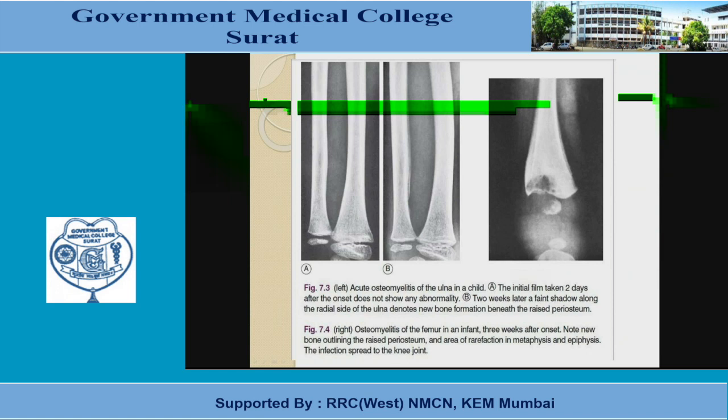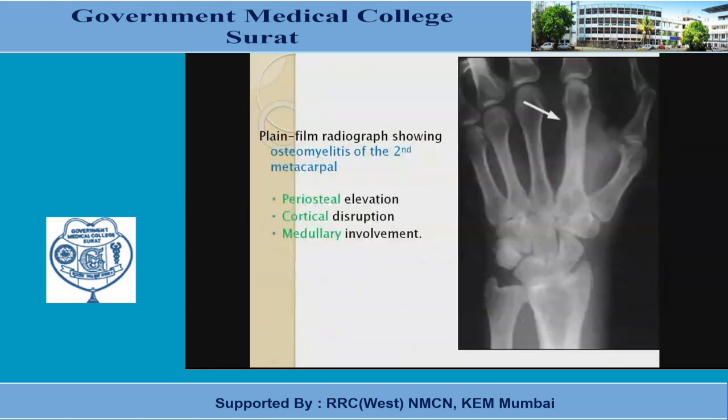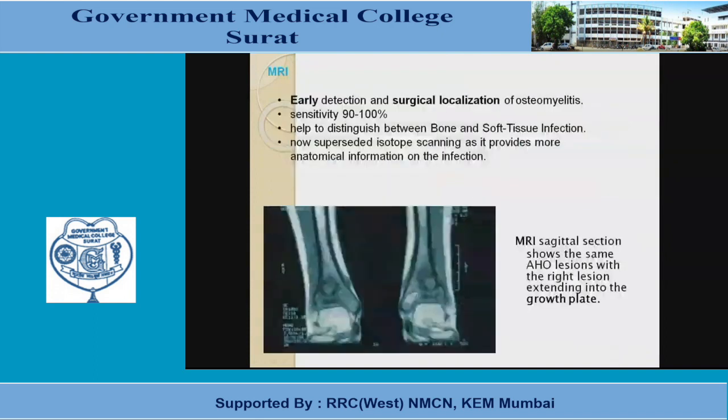So you can imagine how fast it is growing in acute osteomyelitis. So as soon as we suspect osteomyelitis, we should advise, apart from X-ray, some other investigation which can help in early diagnosis, like MRI. For early detection and surgical localization of osteomyelitis, its sensitivity is 90 to 100%.